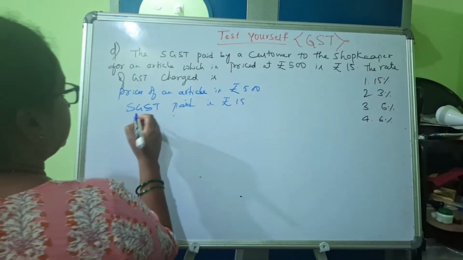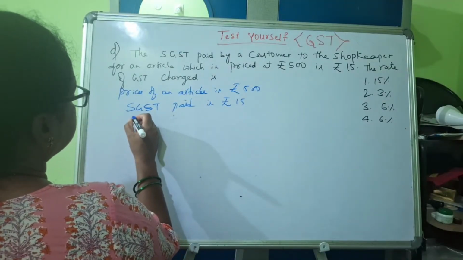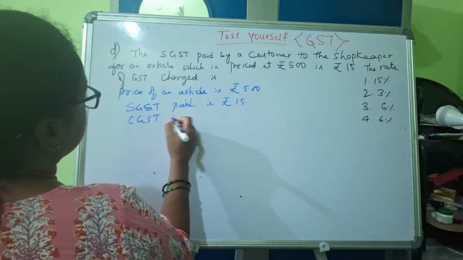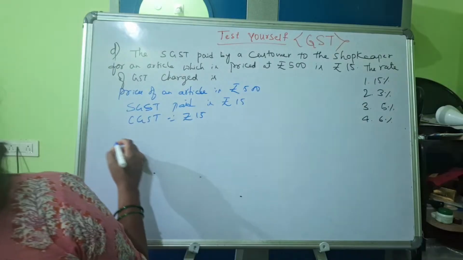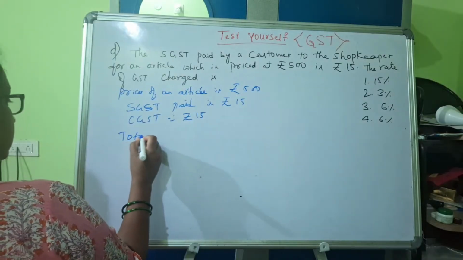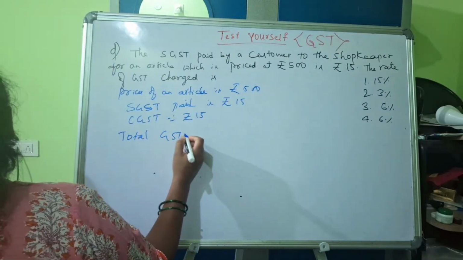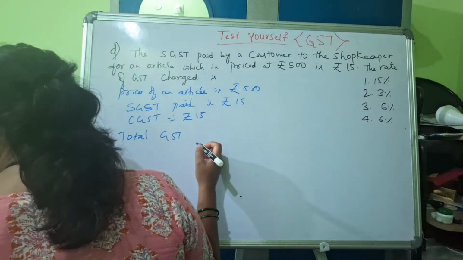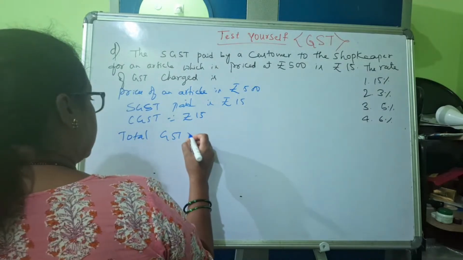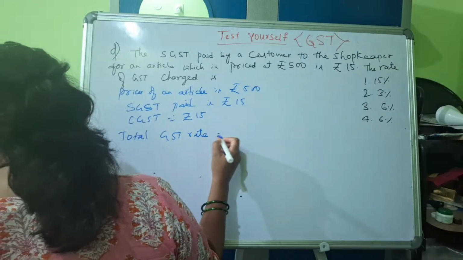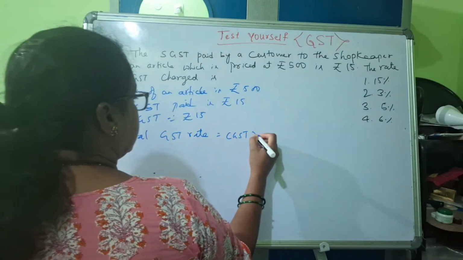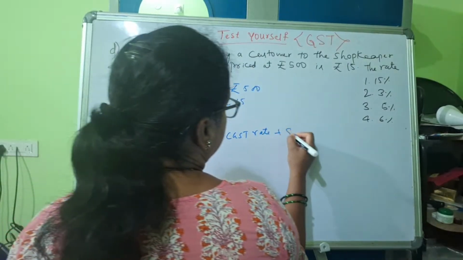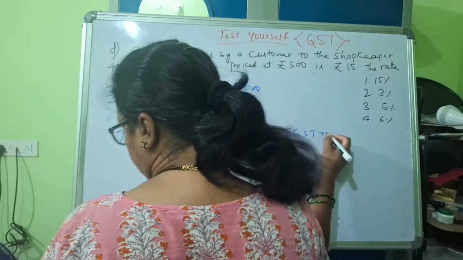So if SGST is rupees 15, it means CGST is also rupees 15. Total GST rate is equal to CGST rate plus SGST rate.